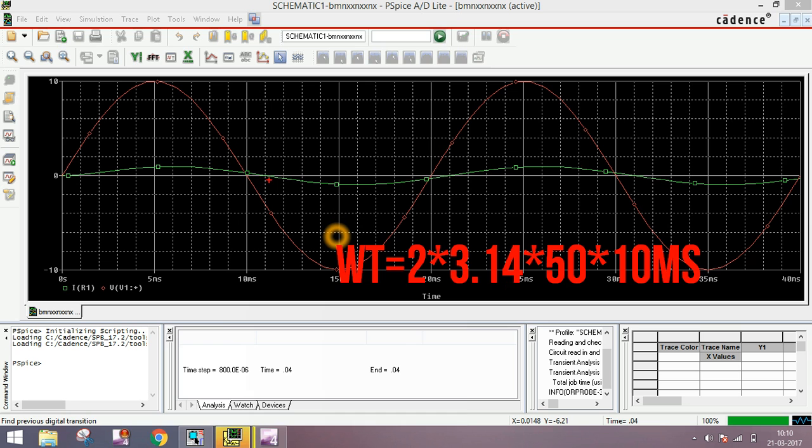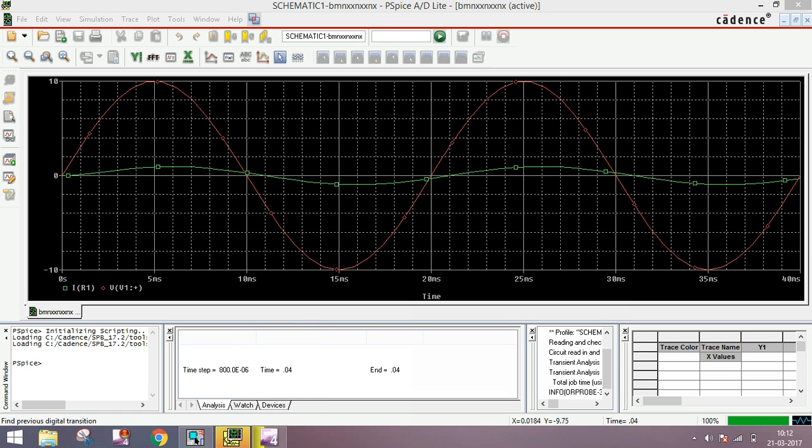So 1 millisecond difference, here it is 1 not 10. So 1 millisecond. Then you calculate, and theta comes out to be pi by 10, you can calculate pi by 10, 0.314. The formula is the same, omega t, 2 pi f, frequency into time period 1 millisecond, so 0.314.